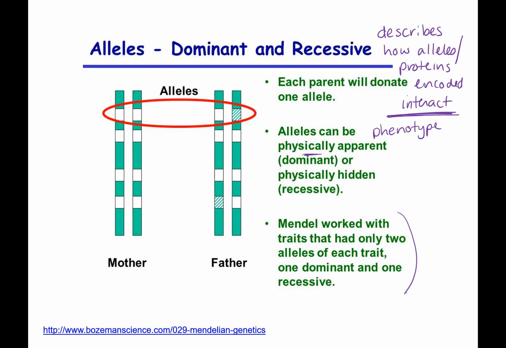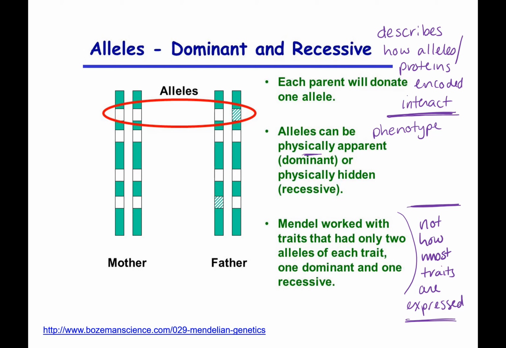He had purple flowers and white flowers. This is not how most human traits, or most traits at all, are expressed. There's really not hardly any one gene, one trait.